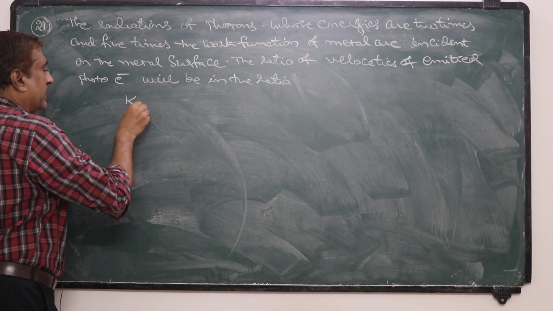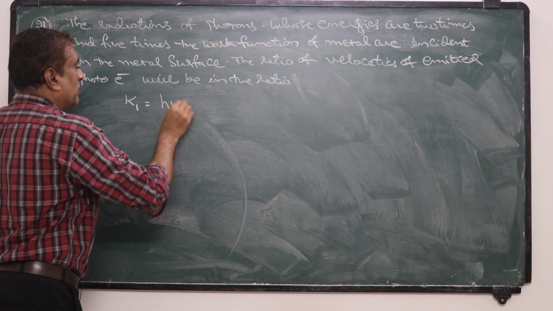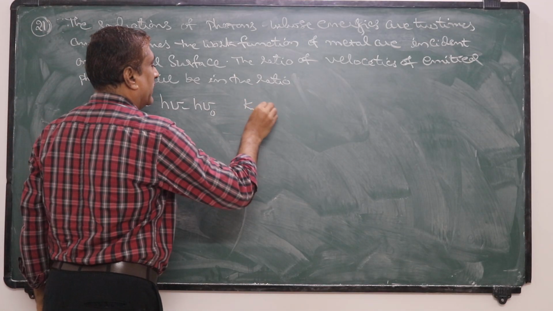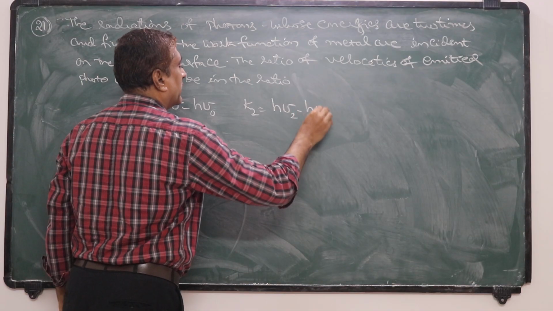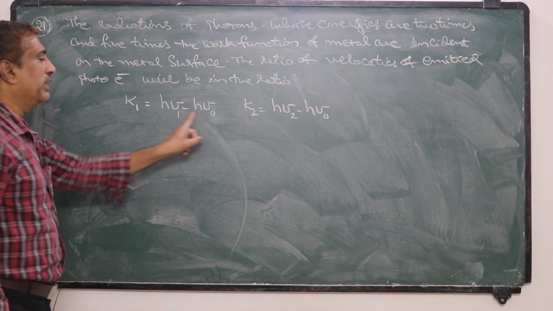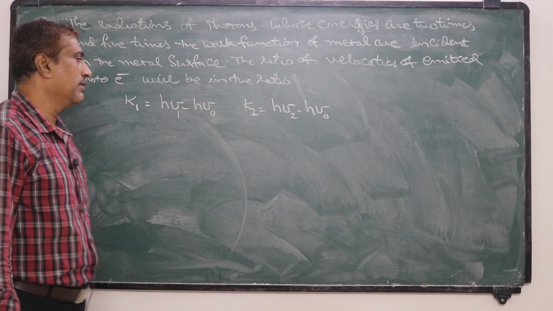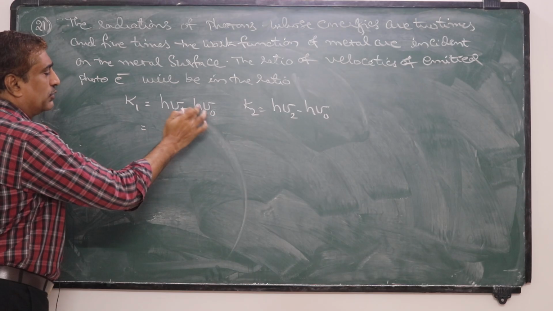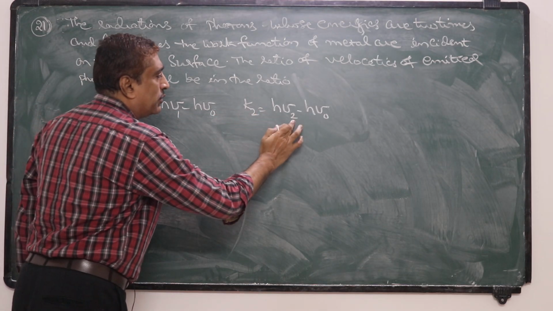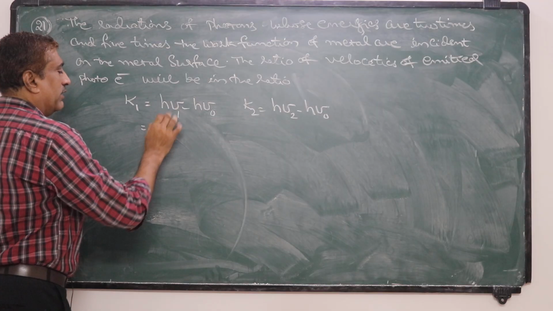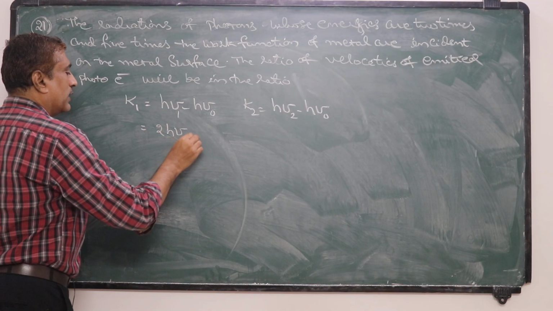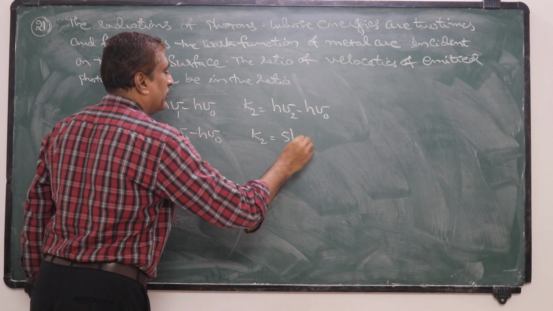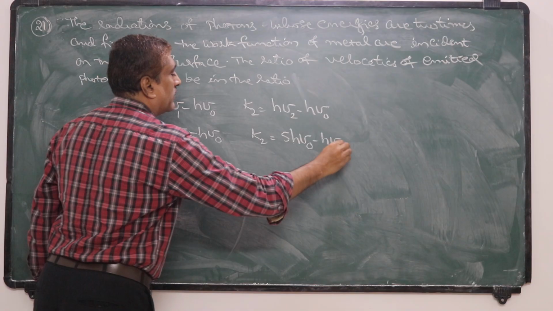So for the first one, kinetic energy we can write like this: h nu 1 minus h nu naught, and for the second one, h nu 2 minus h nu naught. Now given that this h nu 1 energy is 2 times h nu naught and h nu 2 is 5 times h nu naught, so we can write K1 as 2 h nu naught minus h nu naught, and K2 is equal to 5 h nu naught minus h nu naught.